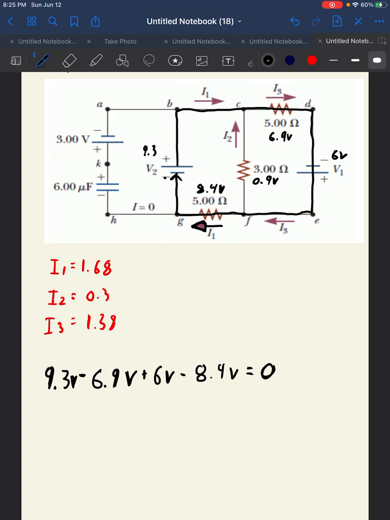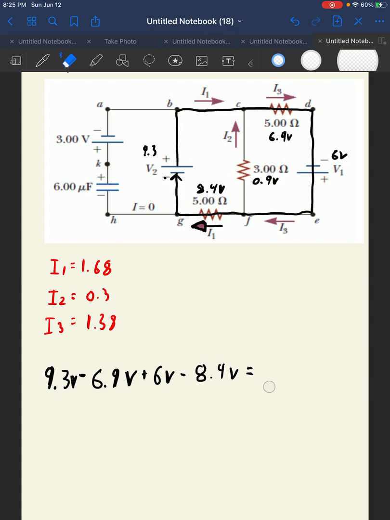So the first step is just to check and make sure we did everything correct. This should equal 0 if we got these voltages all correct. 9.3 minus 6.9 plus 6 minus 8.4 equals 0 if you do that in the calculator. So we did solve the voltage properly for all of those resistors and batteries.